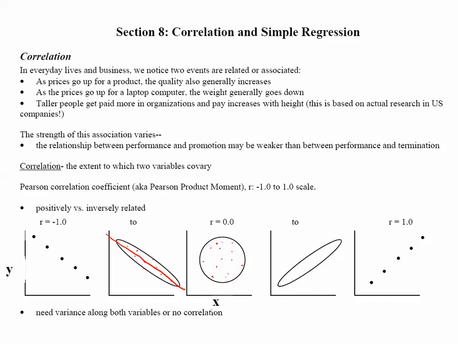Then as we move into the positive range, we can see less than a perfect positive correlation here in this fourth example. And then finally a perfect positive correlation, meaning that as x goes up, y goes up by the same magnitude.